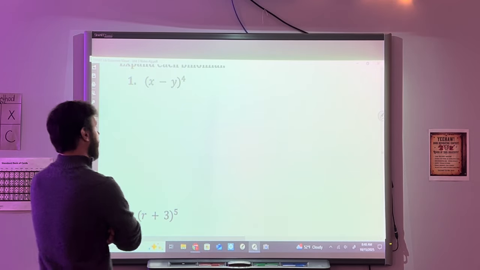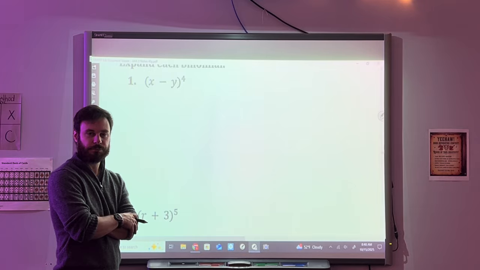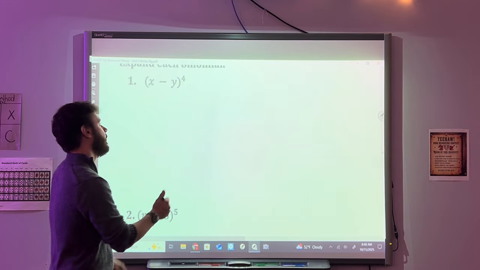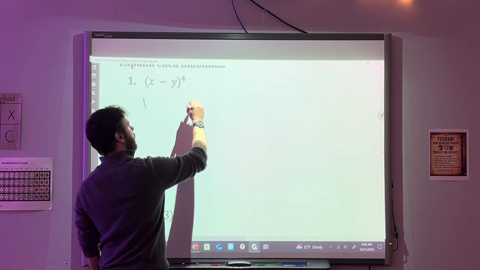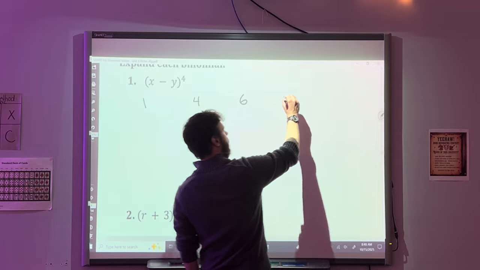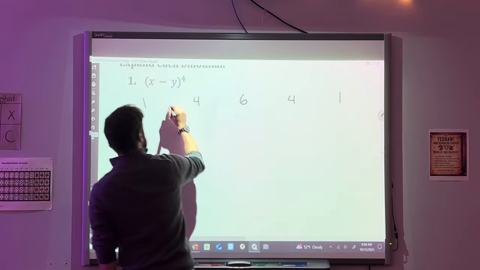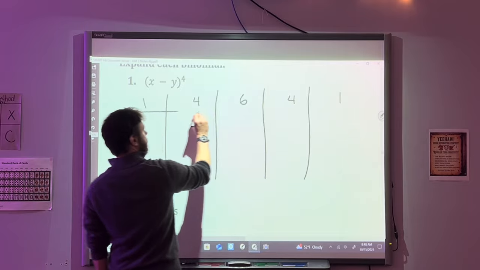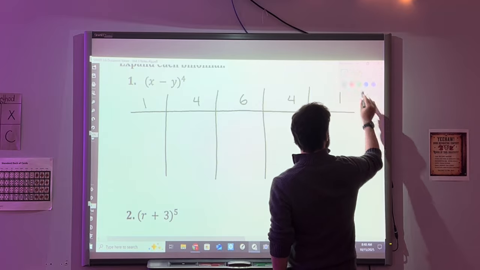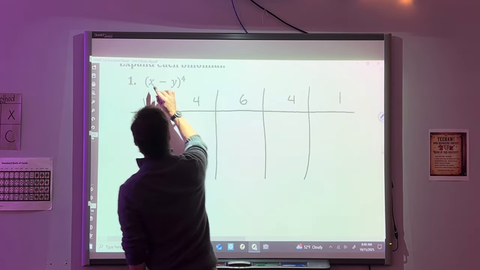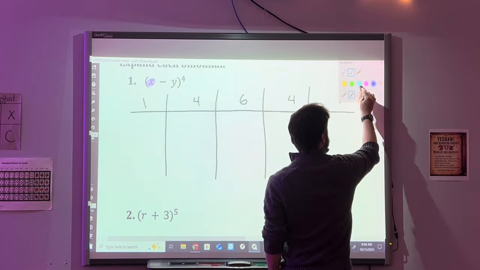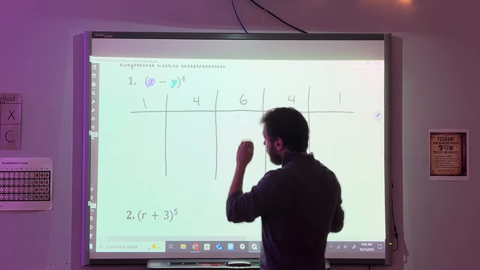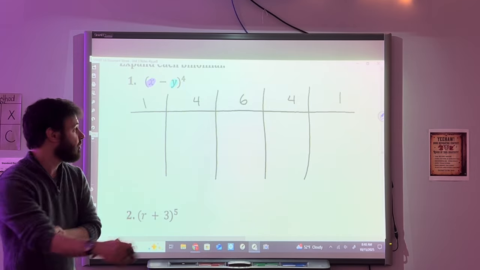I have x minus y to the 4th power. So I am going to find the 4th row of Pascal's triangle, and I'm going to find the coefficient. So 1, 4, 6, 4, 1. I'm going to build my rows. All right, so my first term is x, it's just x, right?